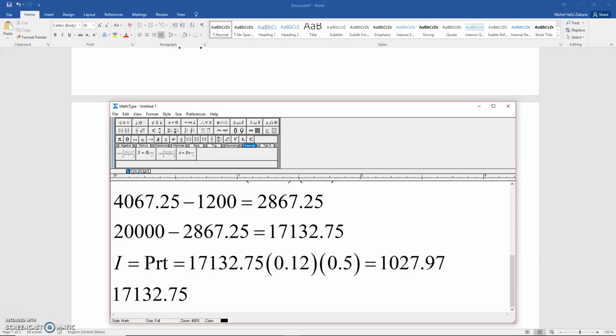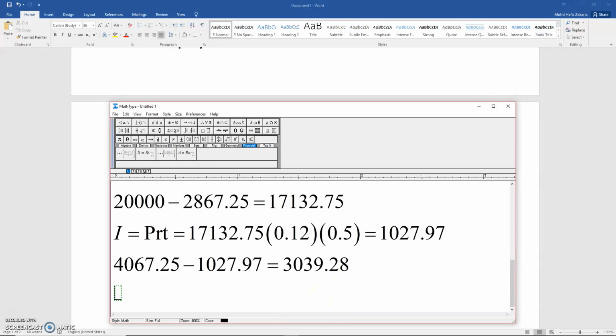Let's calculate the principal amount that has been paid: 4,067.25 minus the interest for the second payment, 1,027.97, which leaves you with 3,039.28. This is the principal amount paid for the second payment.